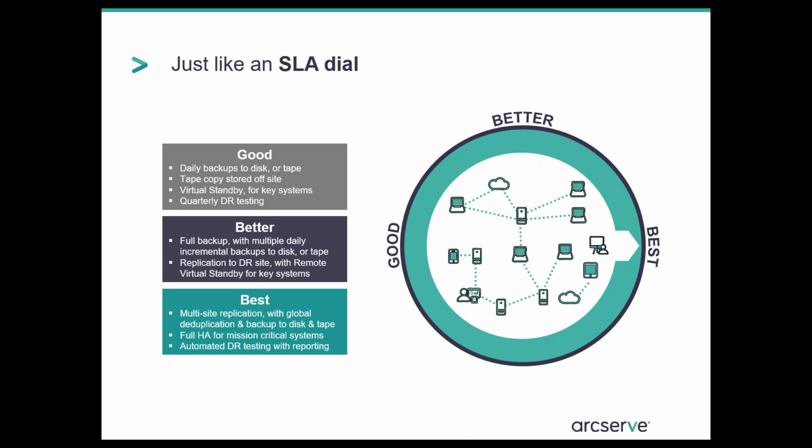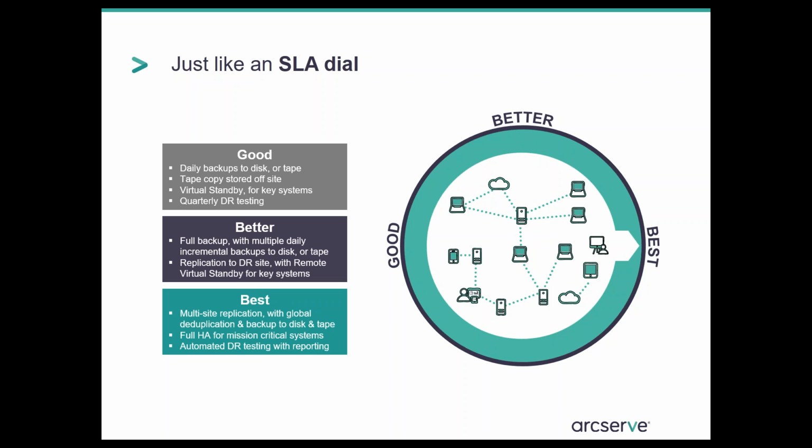And for the most critical systems, we can enable full high availability. With full high availability, we can do near live replication of the data so that we're not relying on previous points in time, but in the event of a server or site failure, we can bring online a failover machine that has a more up-to-date copy of the data.